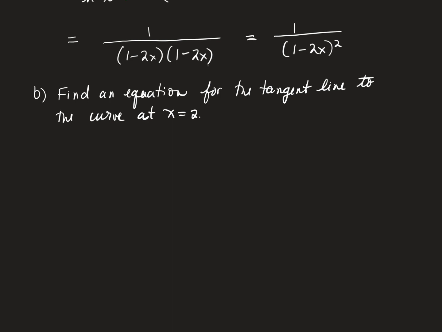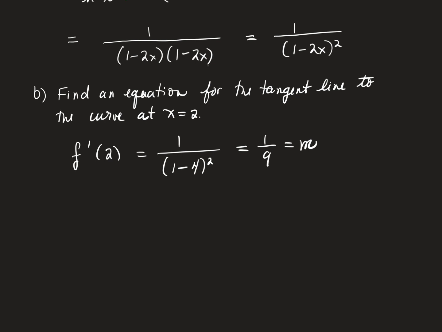The slope of that tangent line at the point x equals 2 is given by f prime of 2, which is 1 over 1 minus 2 times 2, which is minus 3, squared. So that's 1 over 9. So that's my slope of the tangent line at x equals 2.